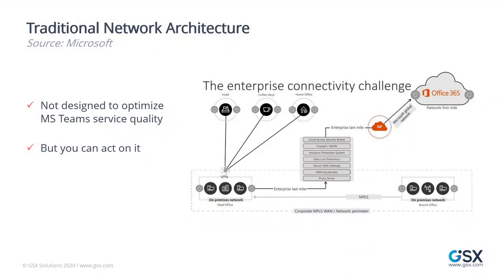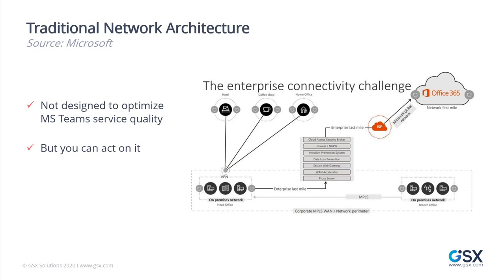If you have been to different Office 365 conferences, and if you have read some documentation for network connectivity, you may have seen this chart already. And it's just a reminder that, despite the large acceleration in cloud adoption, most enterprise IT are still using this architecture.